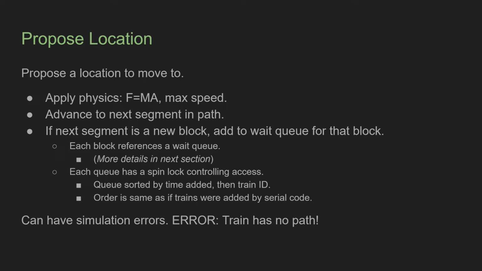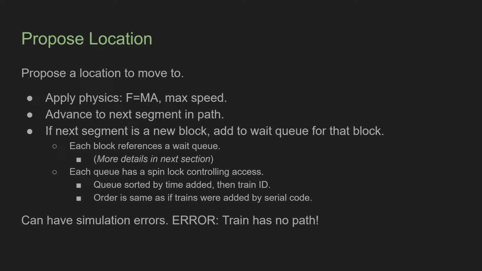The point, though, is that there are several wait queues, and each queue is a shared resource, so access to modifying a queue is controlled by a spin lock per queue. If the queues are added to by serial code, then the result is that the waiting entries would be sorted first by the time that they were added, and then by the ID of the train.